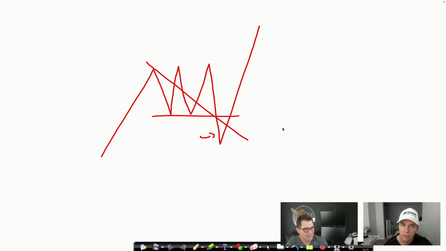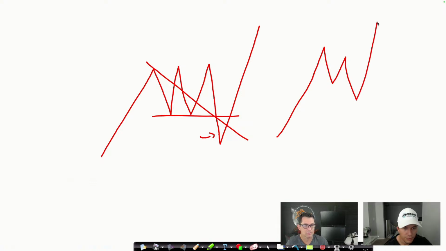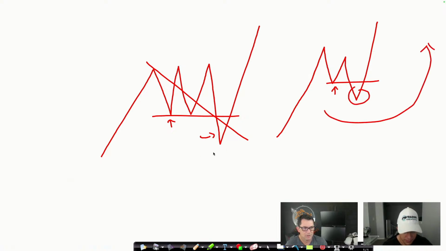And the same thing would apply if the market is doing something like this: it rallies up, comes down, goes up, pops down, then goes up. So it doesn't have to just be in a range, but there's always this last low that it takes out. When it does that, then we continue to trade in the direction of the trend that we believe the trend is in.